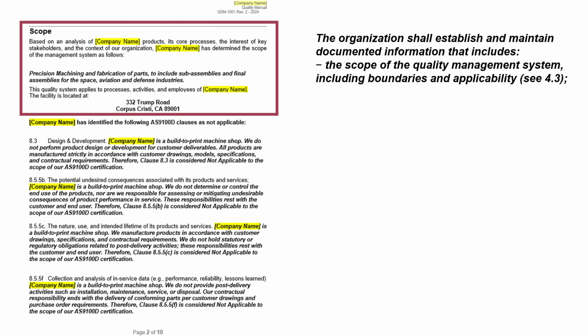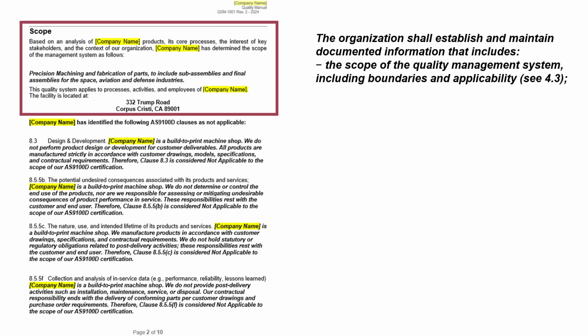Okay, everyone. As you recall, in 4.4.2, the first requirement was the organization shall establish and maintain documented information that includes the scope of the quality management system, including boundaries and applicability. What you see here is the scope of the organization stated.